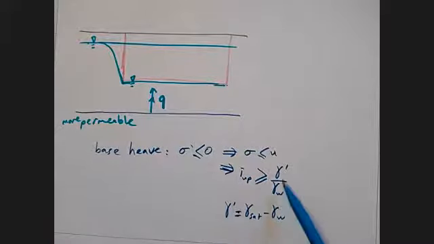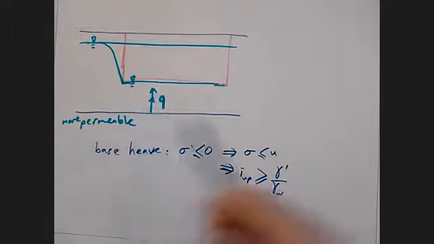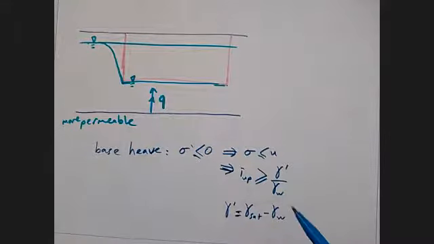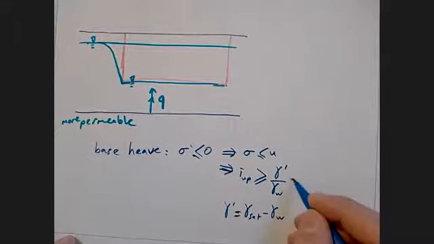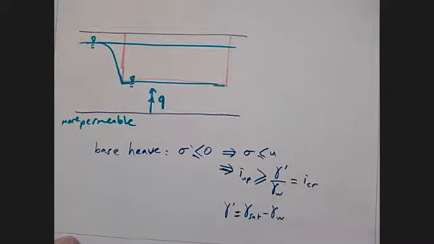So if you do the math, it's going to come down to this, and this is called the critical hydraulic gradient.